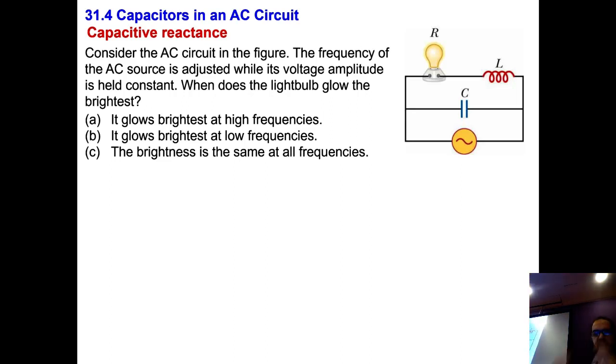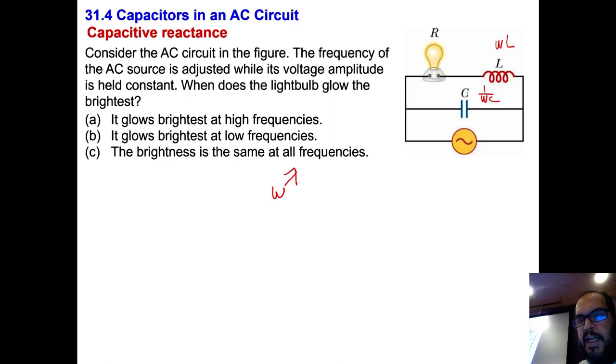So let's do some reasoning here. We know the impedance or the reactance of the capacitor is 1 over omega C, and for an inductor it's omega L. So what happens if omega is large?